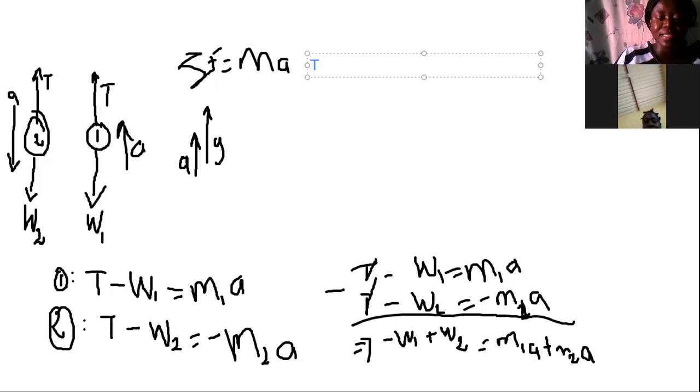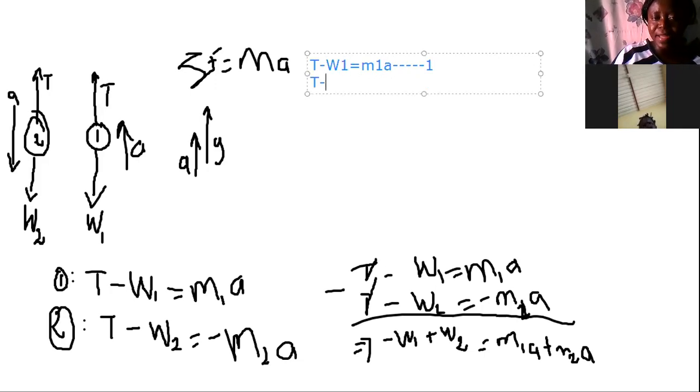Tension minus W, the weight on object 1, equals the mass of 1 times the acceleration. That one is equation number 1. And we have another equation: tension minus the weight on 2 equals minus the mass of 2 times the acceleration. That is our second equation.